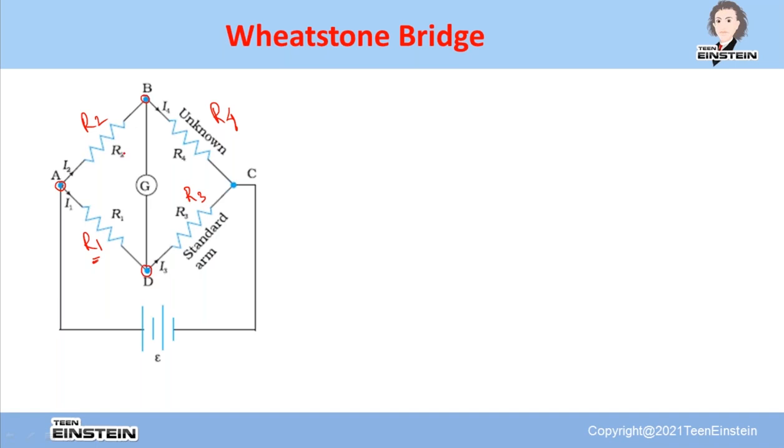See, this is A and D. Between A and D, resistance R1 is connected. Then you should remember that between A and B, R2 is connected. R1 is called the first arm.